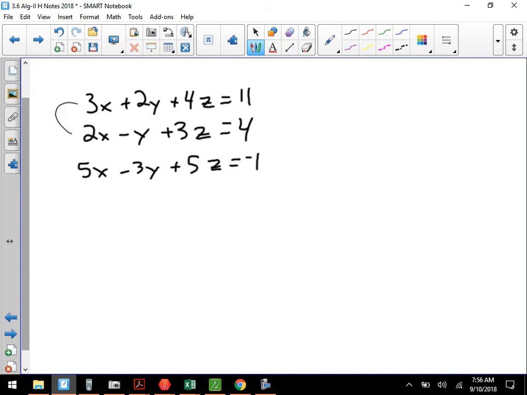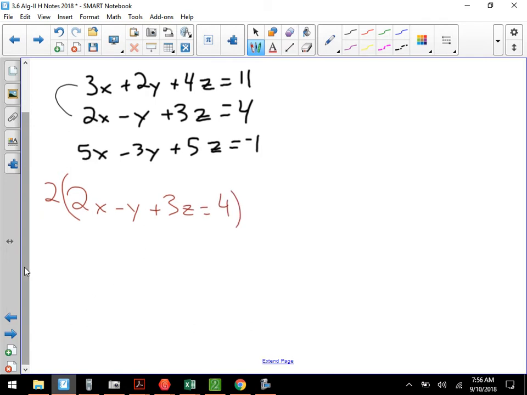So, if I go, let's see, 2x, I'd have to double it. Double the 2x minus y plus 3z is 4. I'm using the doubling of that right off the bat because I know if I add it to the first equation, I have to have that y value with a factor of 2.